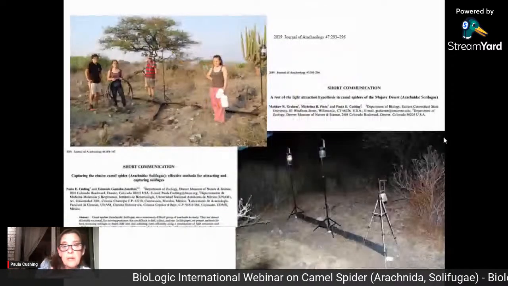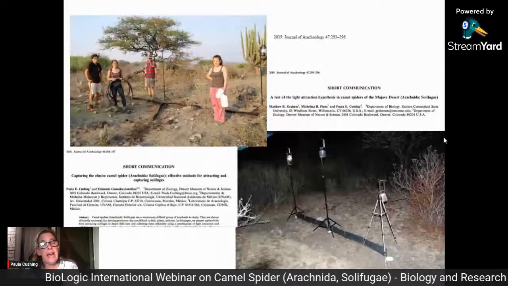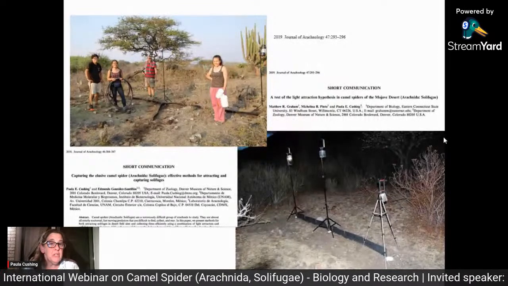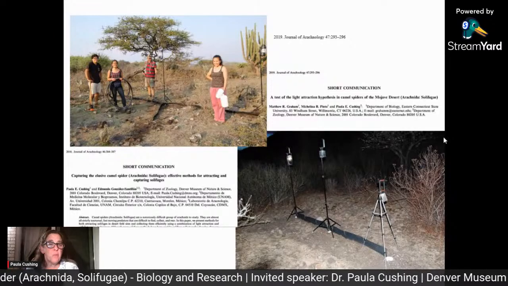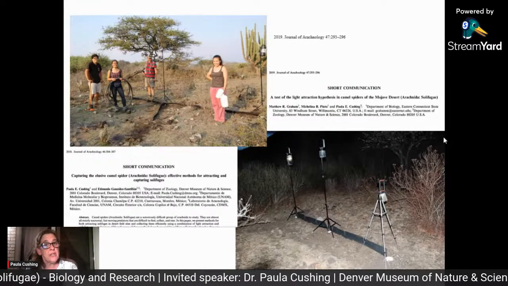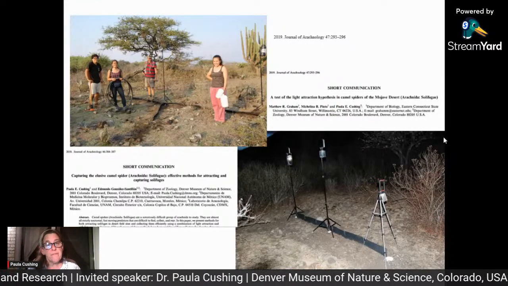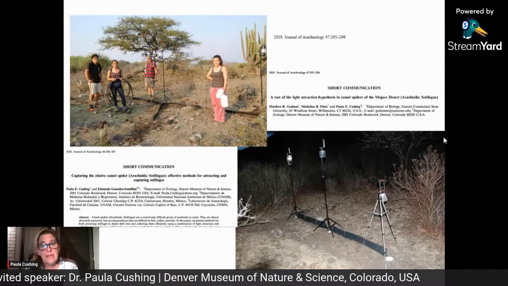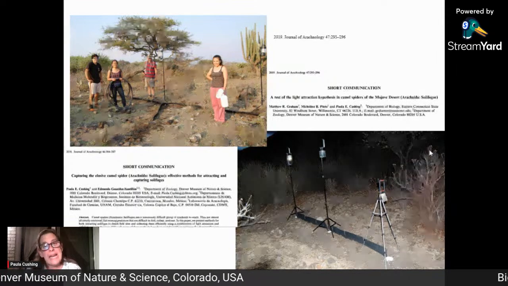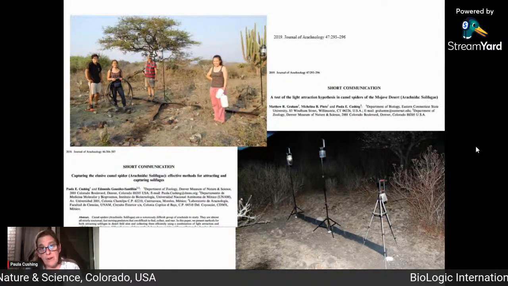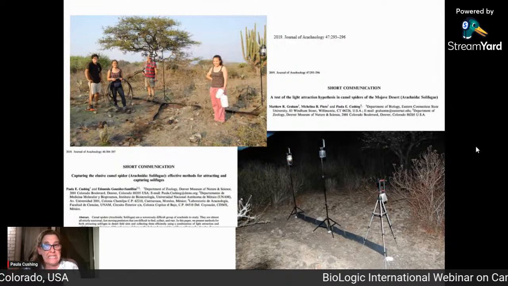We've also done some studies looking at how to effectively capture Solifugae, and we published some papers on the effective ways that scientists can use in the field to find and collect solifugids. So what we've known for a long time is that these night active predators are attracted to lights at night.